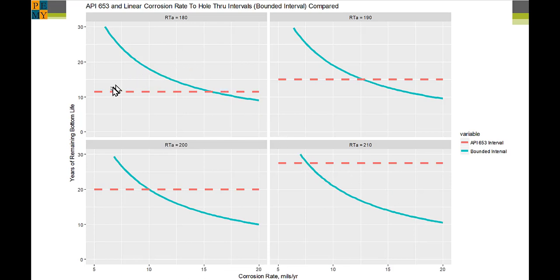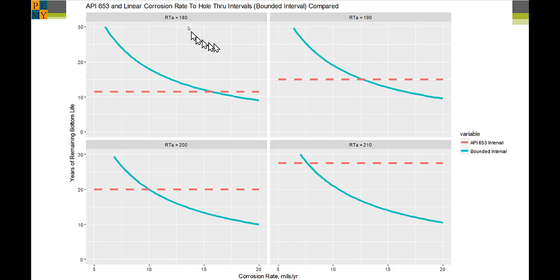So the red dotted line is the API 653 corrosion rate life, and notice a very striking point: regardless of what the previous corrosion was, whether it was low or high, the API 653 life is not dependent on that. The condition doesn't matter.